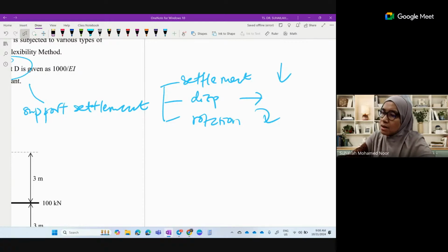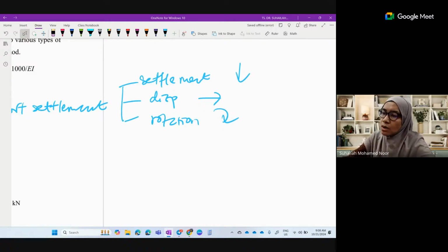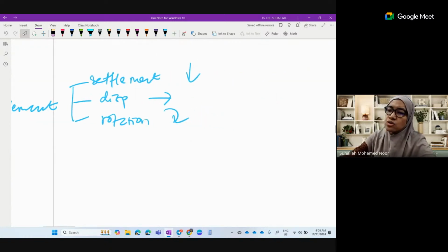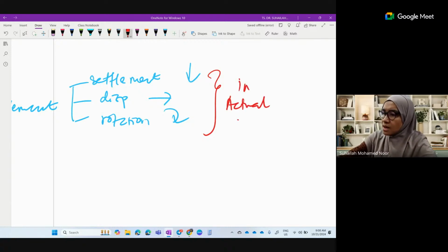And we may also have support rotation, clockwise or counterclockwise. Support settlement occurs in the actual structure.